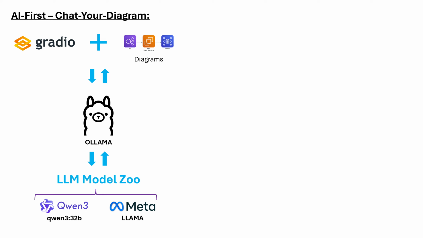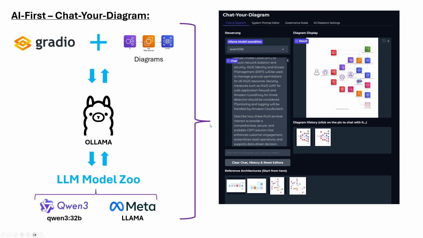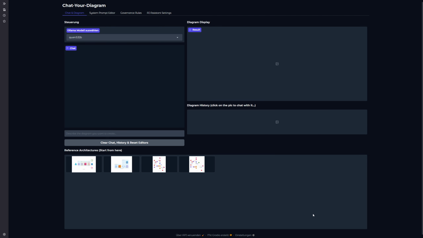And those models I'm hosting are open source models like Qwen3 or those models from Meta. All this goes into that web application, which is an AI assistant, enabling you to generate those diagrams just by chatting with the assistant, and at the end it's diagrams as code.